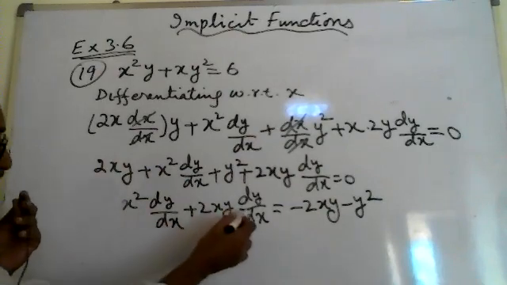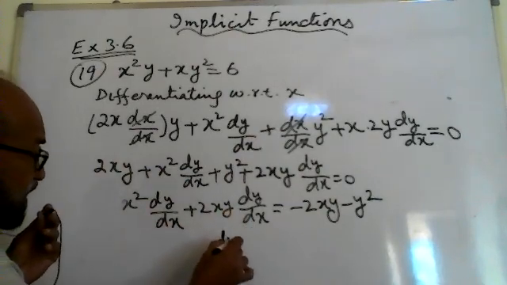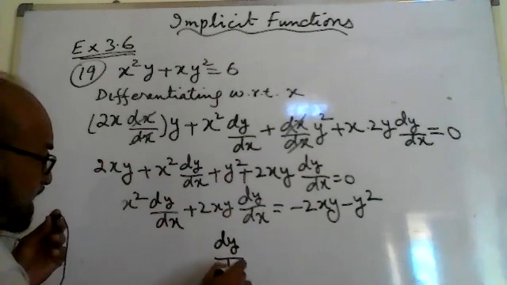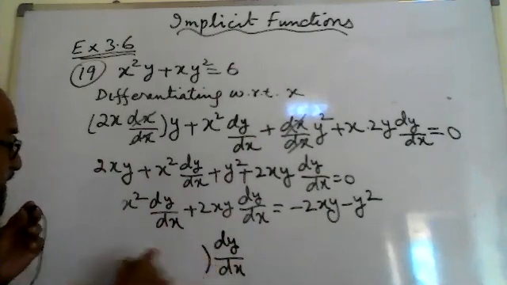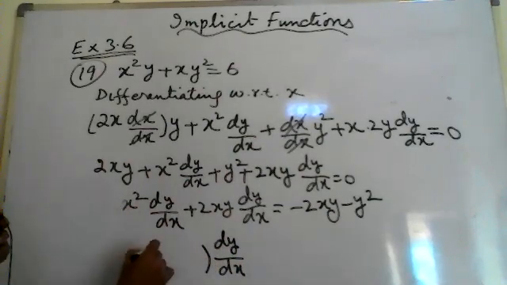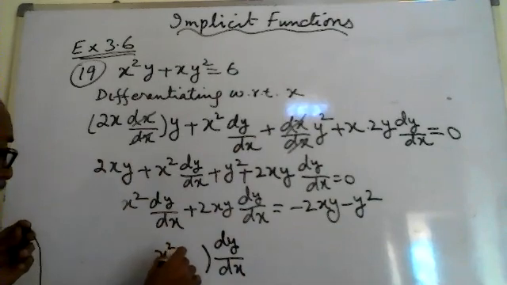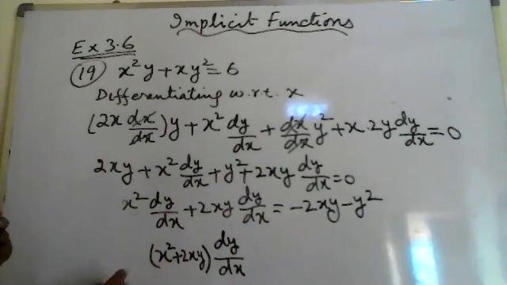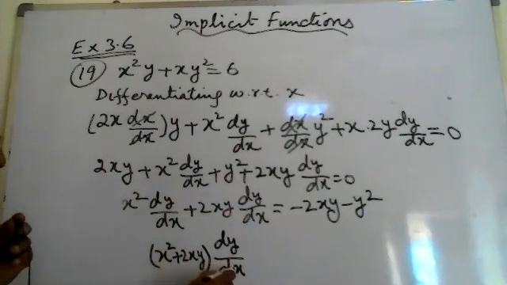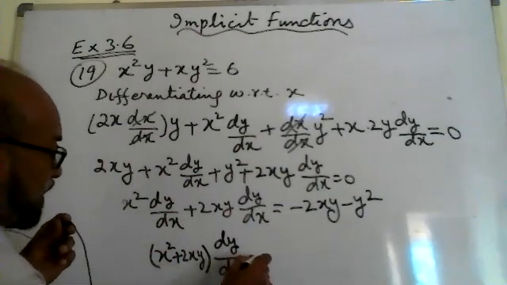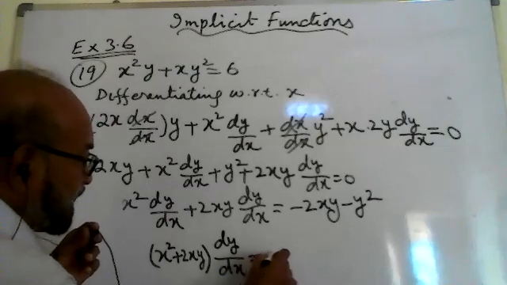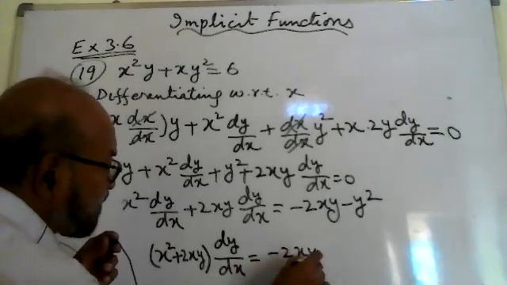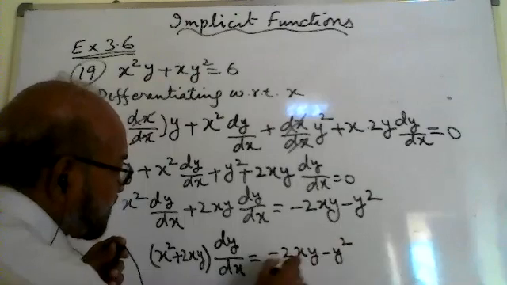Here dy upon dx is common, and it will be written on the right side of the expression, not the equation. Inside will be x square plus 2xy. On the other side it will become minus 2xy minus y square.